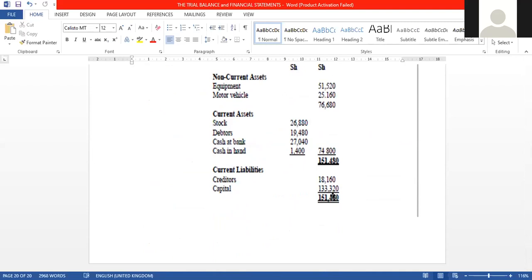If there is no other question, I would wish to stop there. But ensure that you go through a few of these questions, do some few problems on trading, profit and loss account and balance sheet. You can be 100% sure that that area must be examined at the end of the semester. You must have a question asking you to prepare those two.